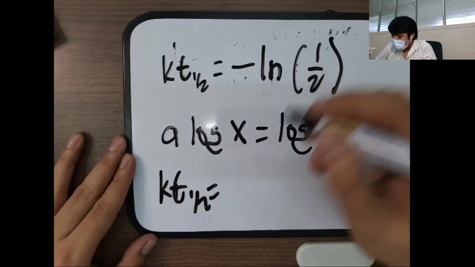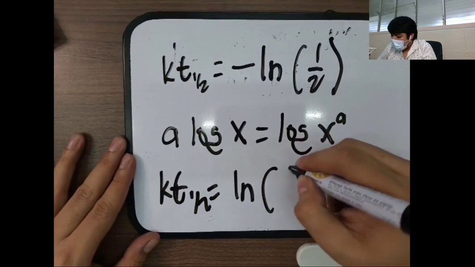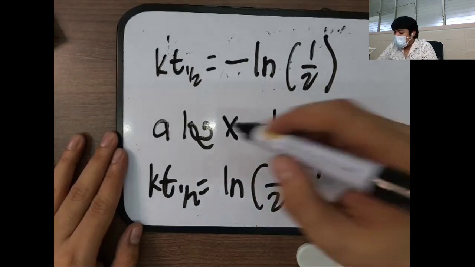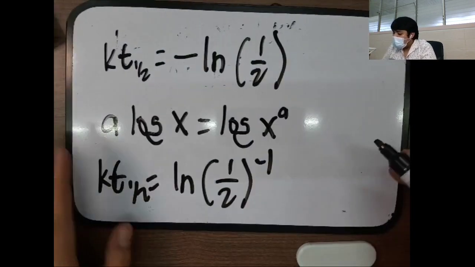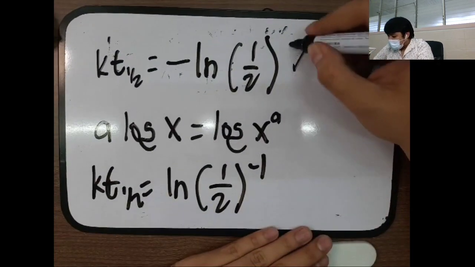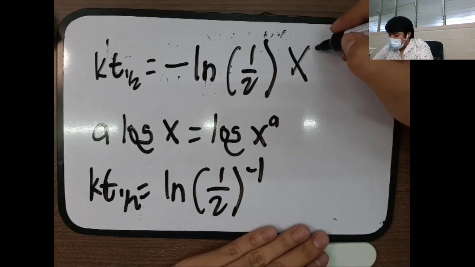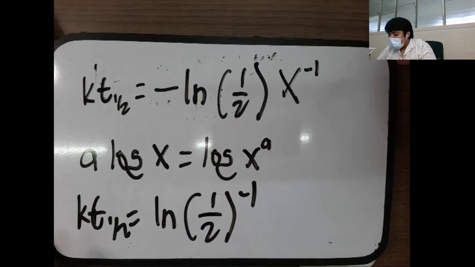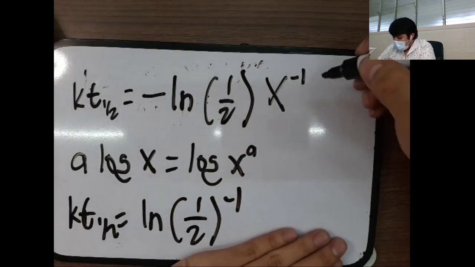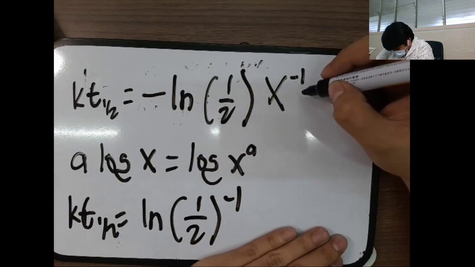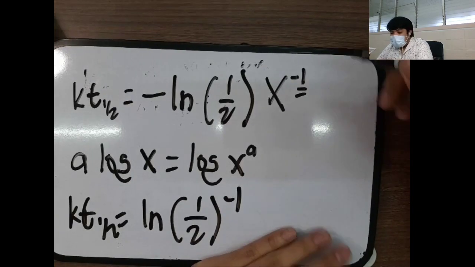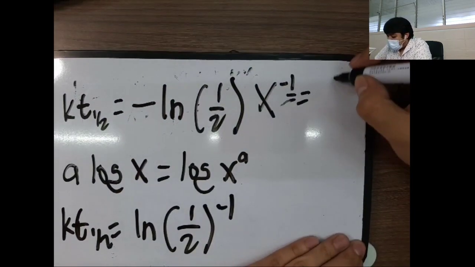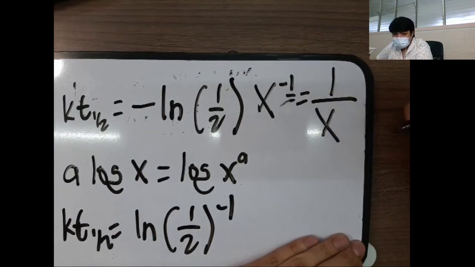It's equal to ln 1/2 over -1, right? Since this is equivalent to -1. And remember that any number raised to a negative value, in this case -1, is equal to the reciprocal of it.